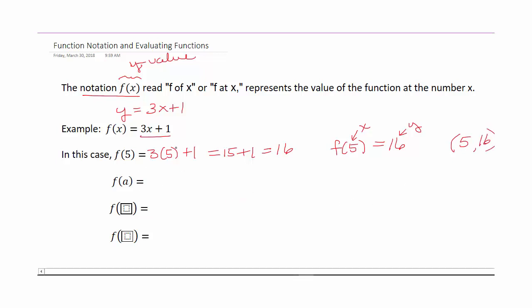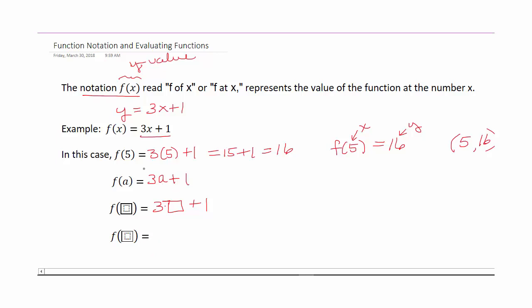Okay, but we can plug other things besides numbers. We can plug variables in. Instead of x, we're going to put a, so f of a is 3a plus 1. We could plug a box in, a placeholder. So f of the box is 3 times the box plus 1. And I like to emphasize that you can put anything you want in that box, right?